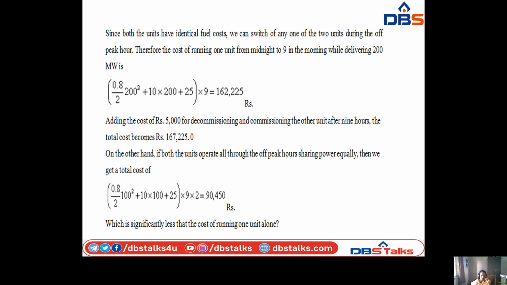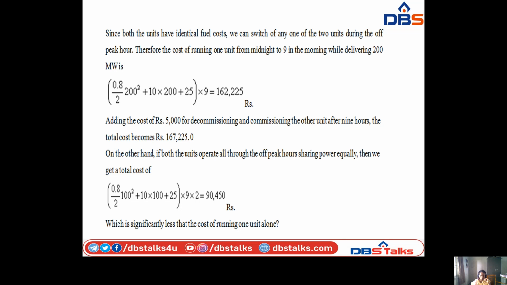Therefore, the cost of running one unit from midnight for 9 hours in the morning, delivering 200 megawatts, is obtained by substituting 0.8 by 2 into 200 square plus 10 into 200 plus 25, into 9. Then you get 1,62,225 rupees.